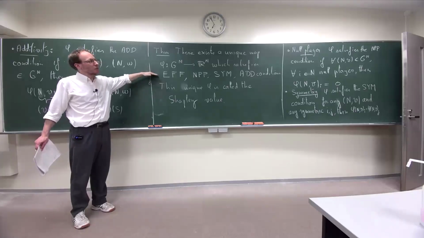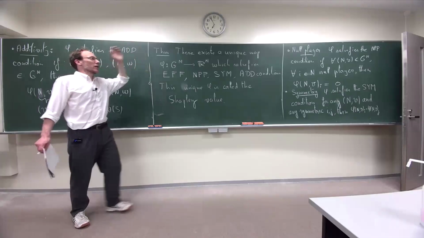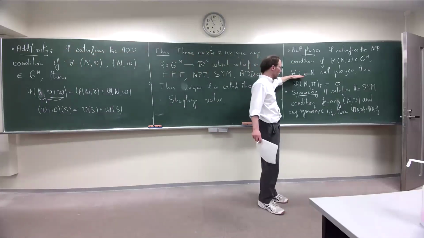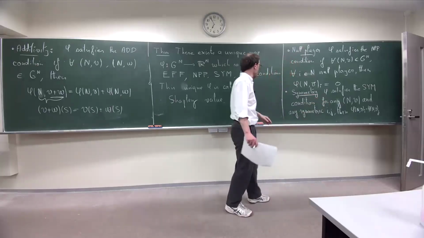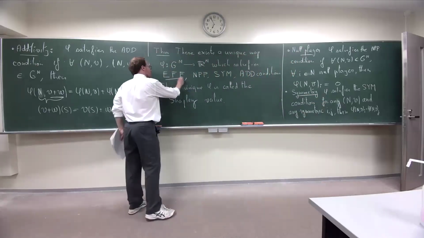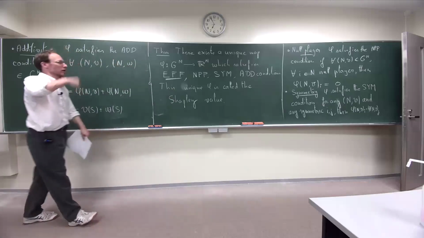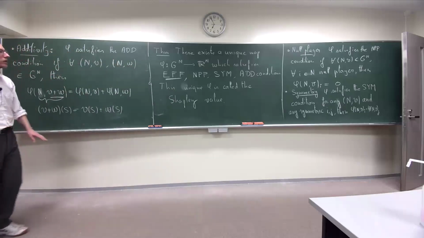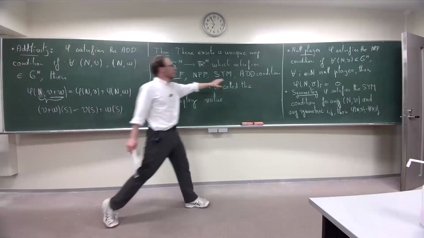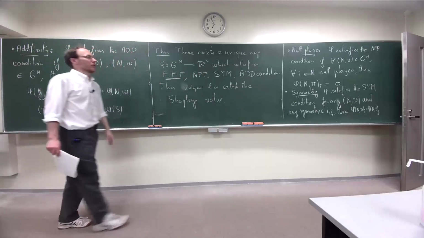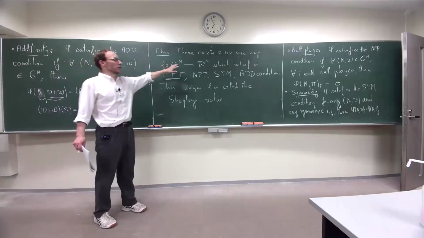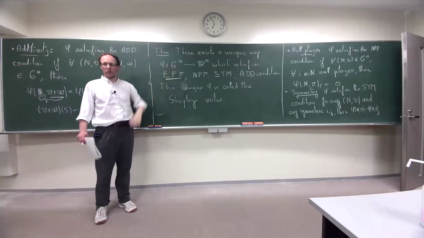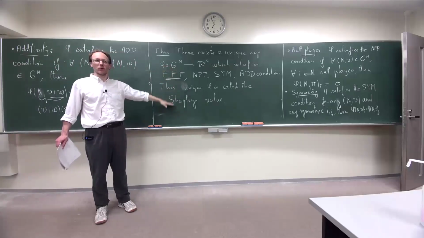So if you want to respect the four conditions I mentioned, the fact that any null player should not receive anything, the fact that two symmetric players should receive the same thing, the fact that it's efficient, so we distribute the total worth of the grand coalition, and this additivity condition, there is only one way to give the money for all games. So it's quite a strong result.